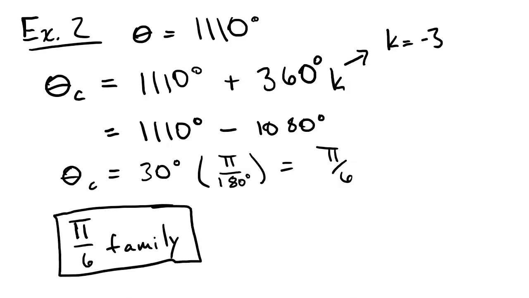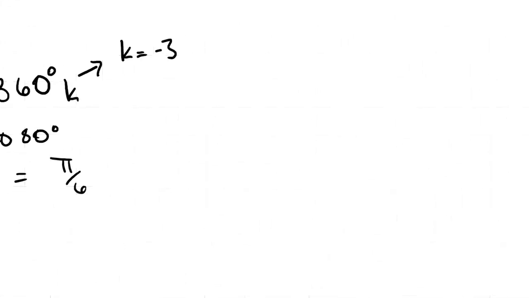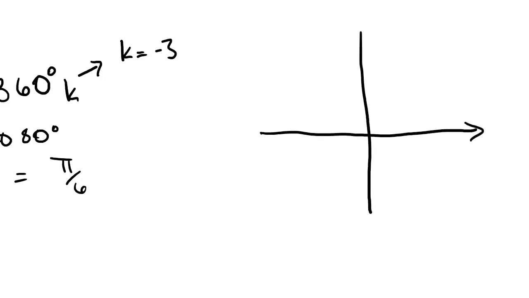Okay, so now we want to draw this angle just like we did the last one. So we draw our xy plane, and since this is a pi over 6 triangle, again, we're going to be looking at the angle that's really close to the x-axis.